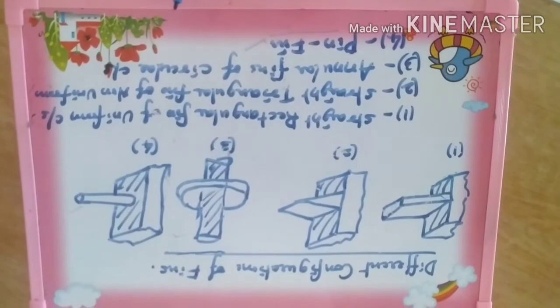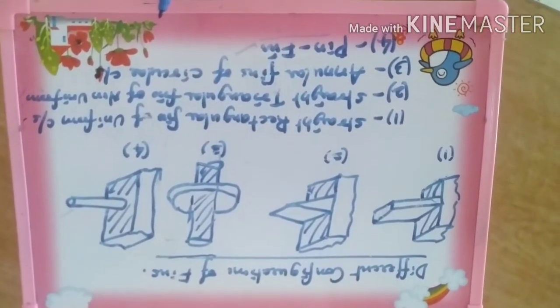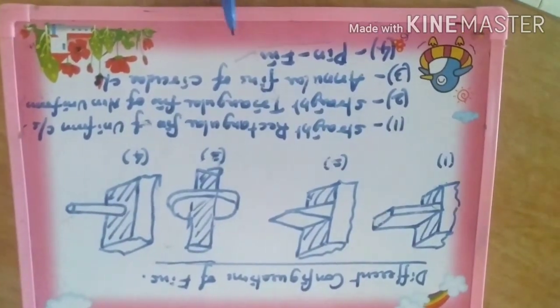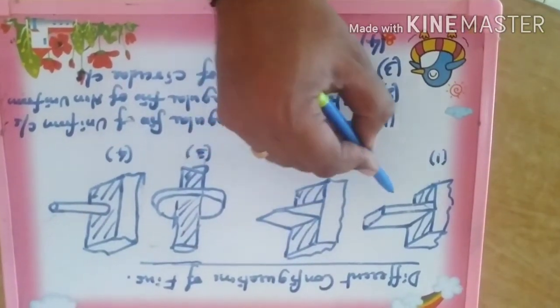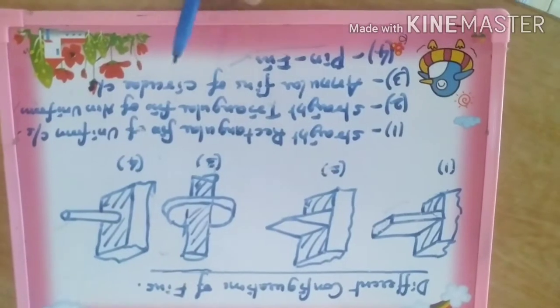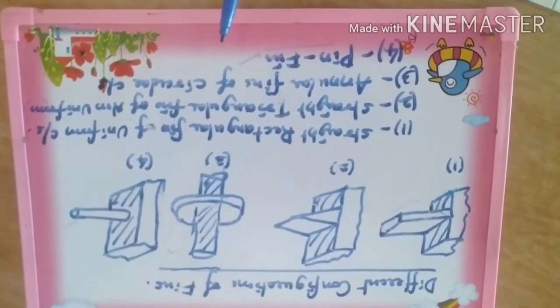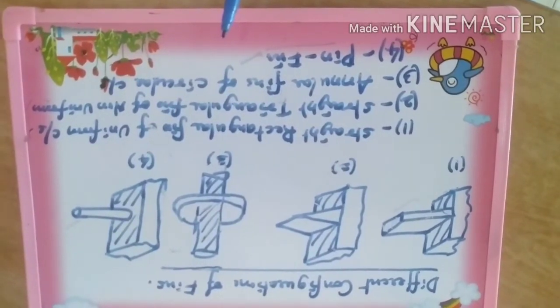So these are the four different configurations of fins that we will have to study, and out of this, for our syllabus we are going to study in detail the first configuration, called the longitudinal rectangular fin of uniform cross section.